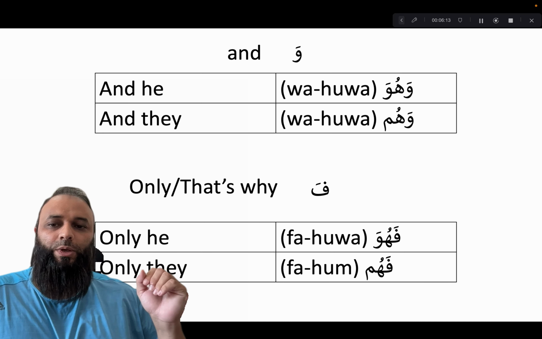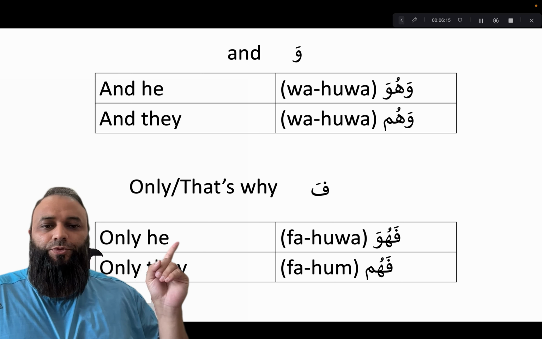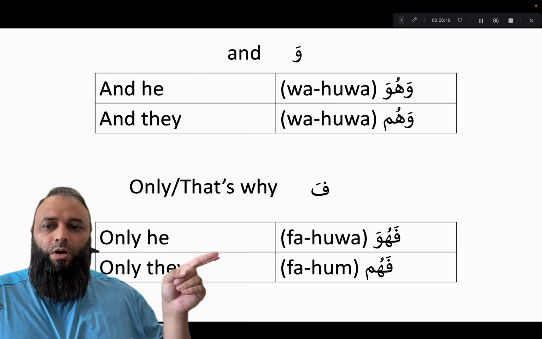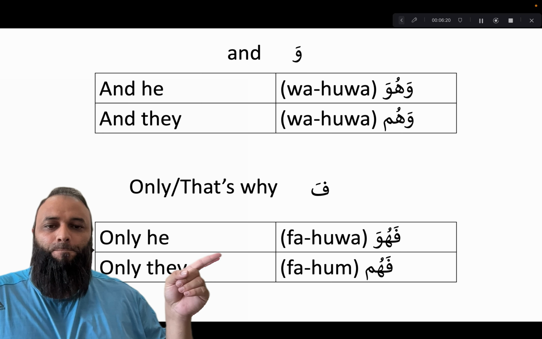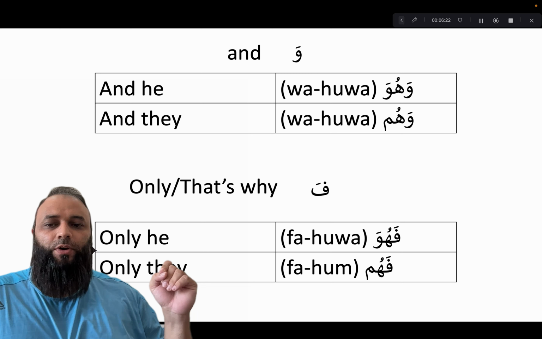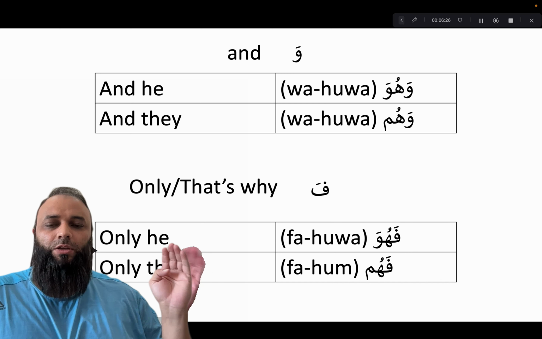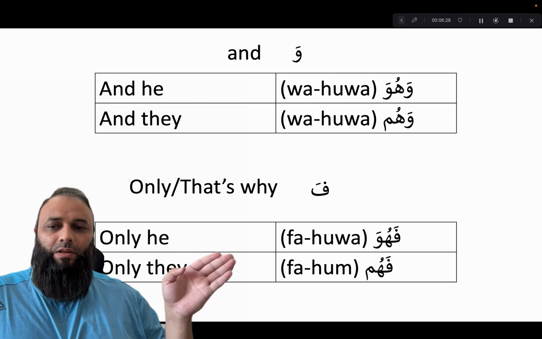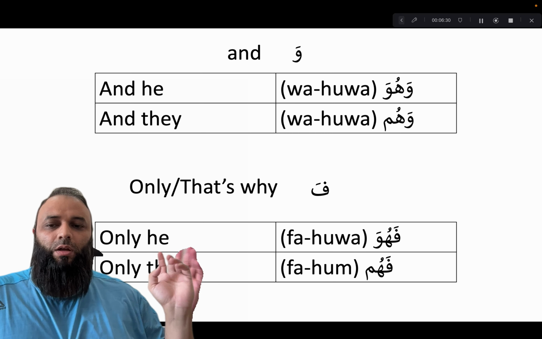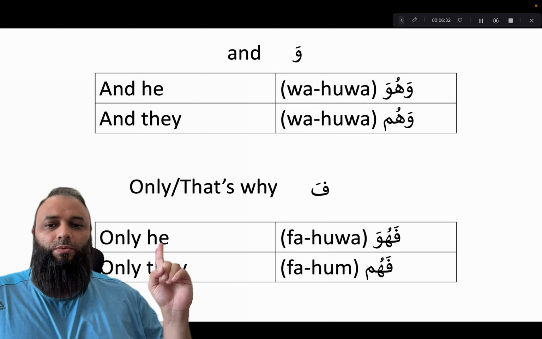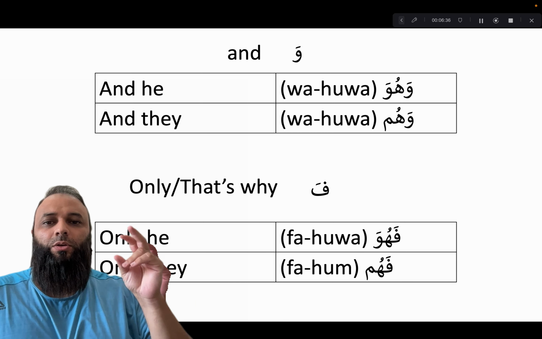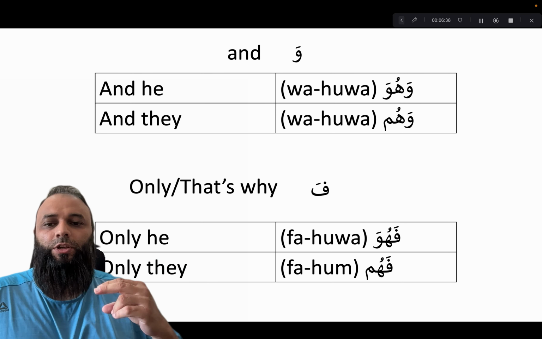It means only he. So fa huwa, only he. And then you have fa hum, only they, right? So that's the plural, only they. Fa huwa, fa hum. So depending on what you want to say, and or only, you would use these joining words.